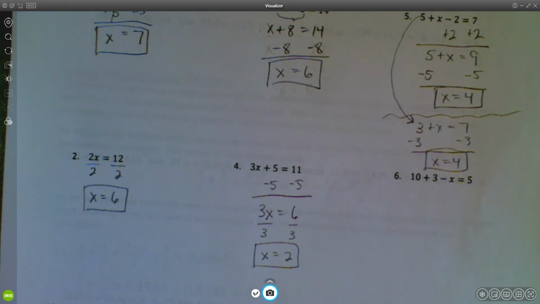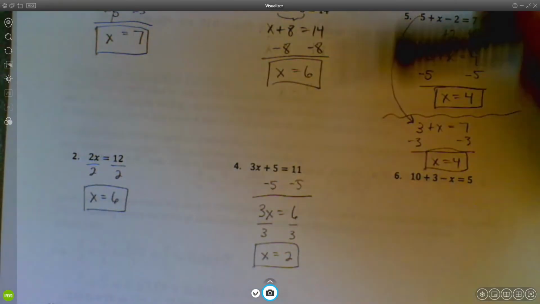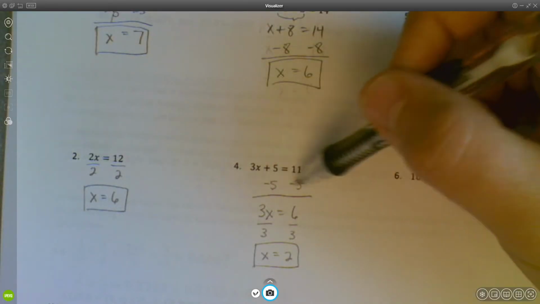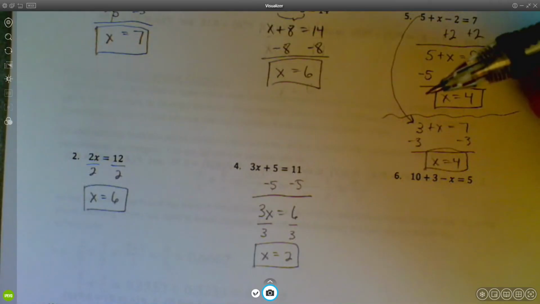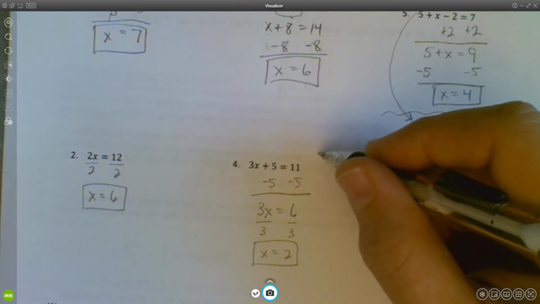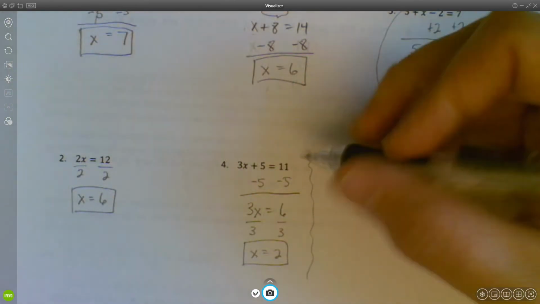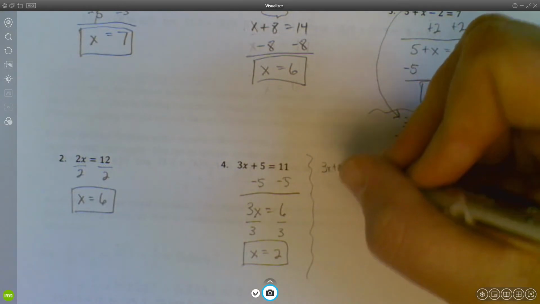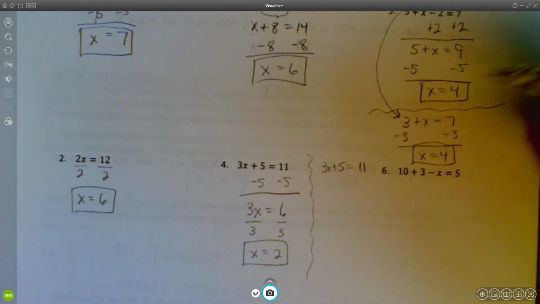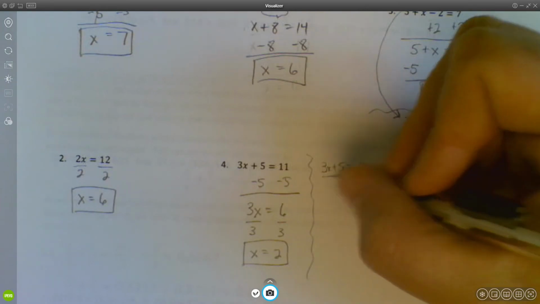Okay. Now, you might ask, well, but why do we need to undo the addition first? And really the answer is you don't have to. You could have undone the multiplication first if you wanted. So starting with 3x plus 5 equals 11, you could have said, well, I'm just going to go ahead and divide by 3 first on both sides.